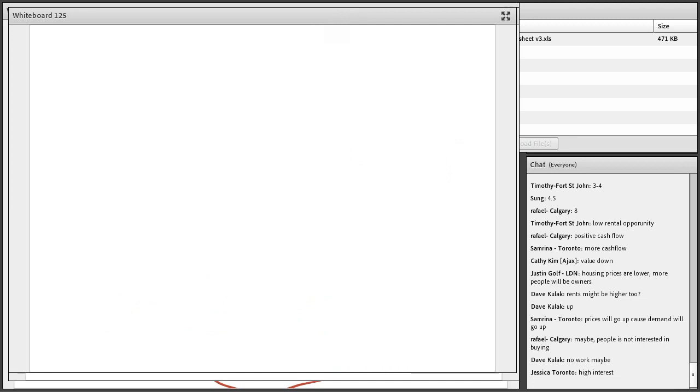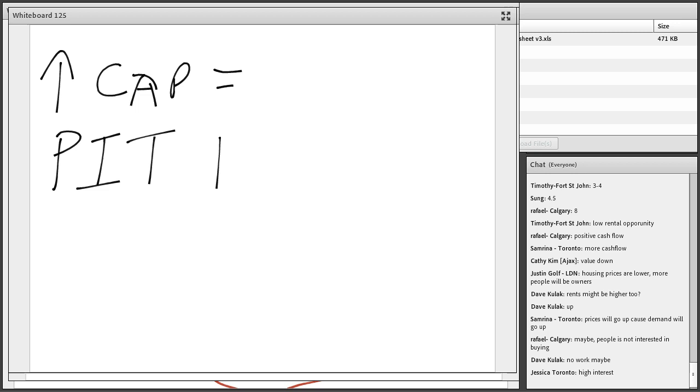That's how it works. So if the market has a high cap rate, the only way you can sustain the high cap for a long period of time is what? Remember what we're talking about? PITI, right? That's all expense. So what are the other ones?